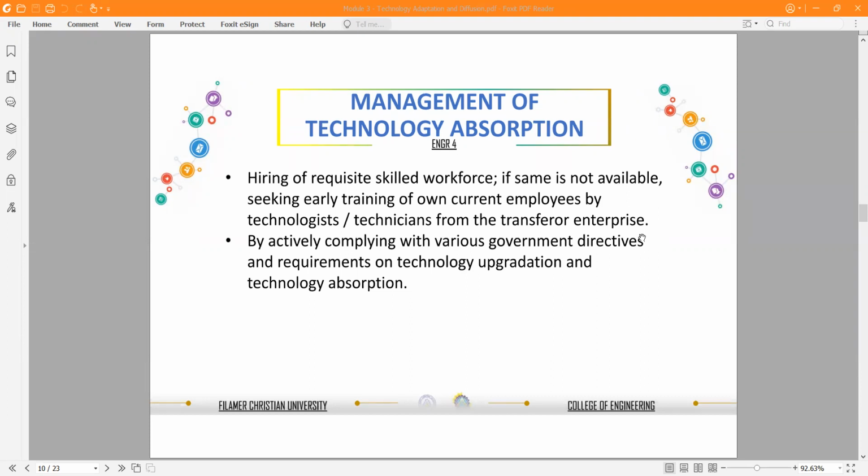So, yung government ngayon, yun yung mag-a-advise. So, sila yung magdadirect. I-adapt ba natin tong technology o kailangan na natin i-upgrade yung ating technology? So, comply tayo with the government directives. So, of course, this applies only for the government. Pero pag private entities ka or private organization, then it's a different story. Okay?